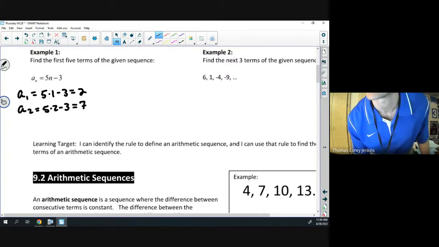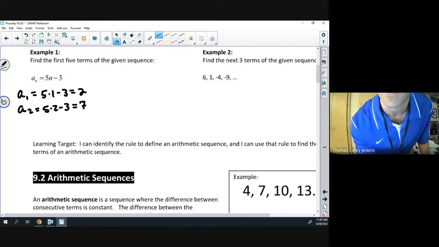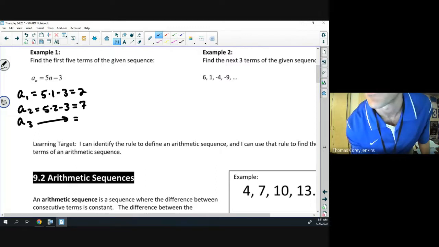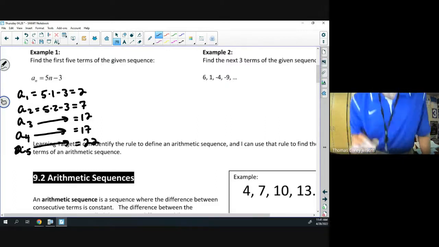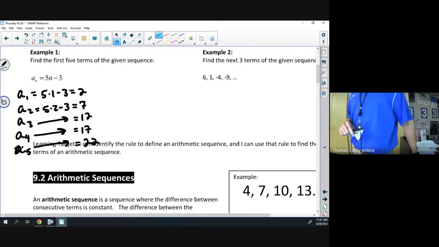And then at that point, we can see we're pretty much just counting by 5s, right? So A sub 3 would be 7 plus 5 is 12. A sub 4, 12 plus 5 is 17. And then our fifth term, A sub 5, would be 22. So there's always that kind of linear pattern with these, okay?